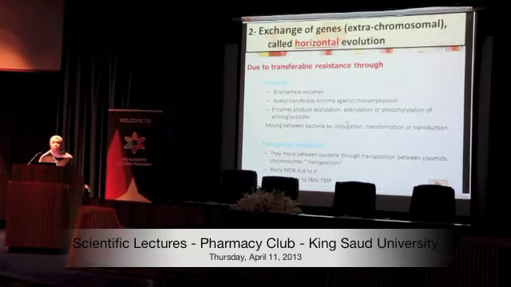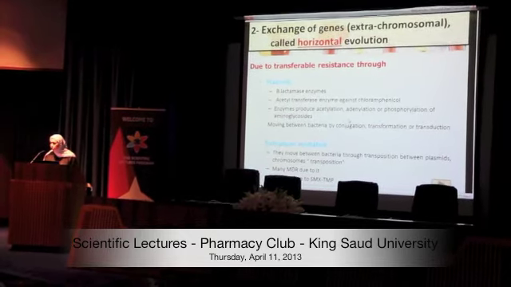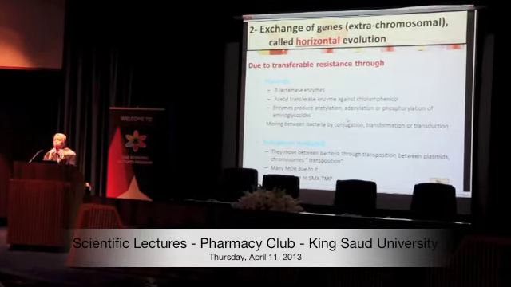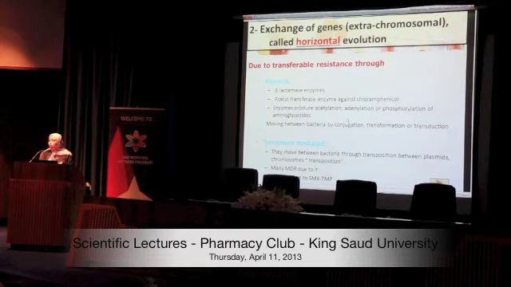The transposable genetic elements we usually call the jumping genes. They use plasmids, phages, even chromosomes to transfer from one bacteria to another. The plasmids have this nice character of being conjugative.